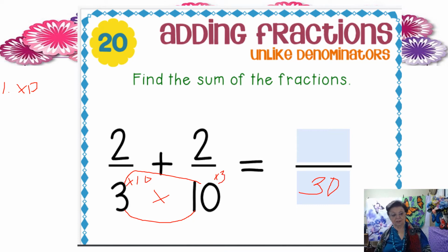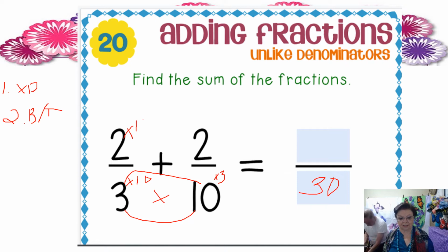Now, step 2, whatever you do to the bottom, you tell me the rest of it. That's right, you have to do to the top. This denominator we multiplied by 10, so up here we have to go 2 times 10. This denominator we multiplied by 3, so up here we have to go 2 times 3.